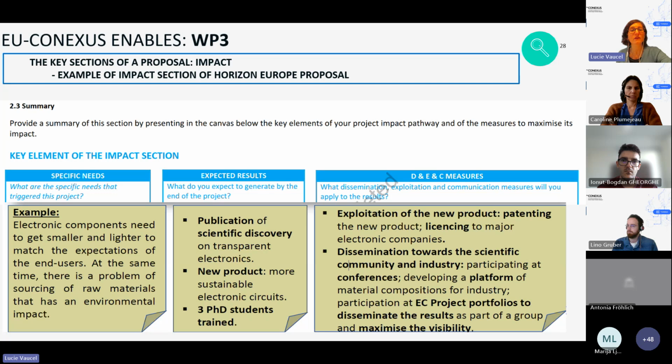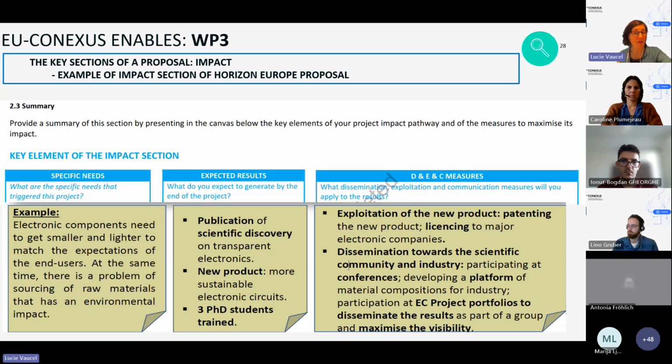Besides that, you will have dissemination, exploitation, and communication measures to enhance the effect of your project results. For instance, exploitation of the new product. You can imagine a patenting of the new product or licensing to major electronic companies.